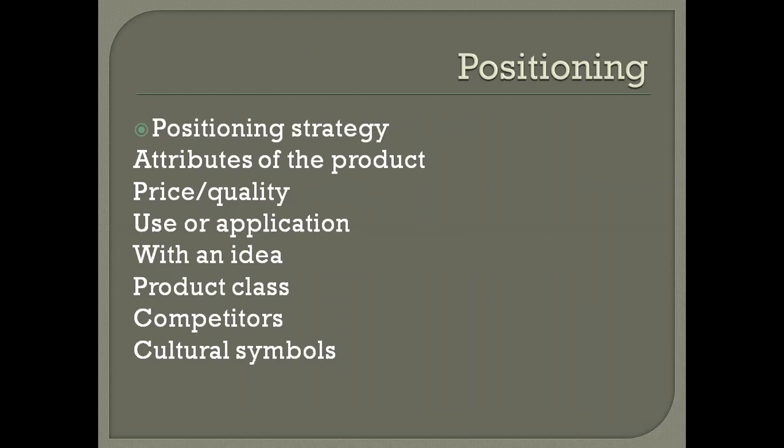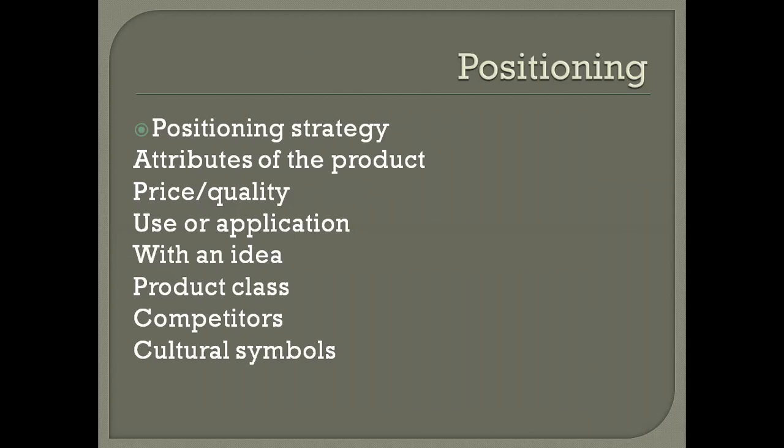You have to create some space in the market of the competitor, like the Coke and Pepsi war, everybody knows. Then we have Real juices and other juice brands like Tropicana.